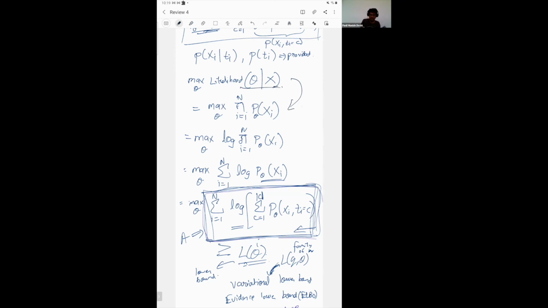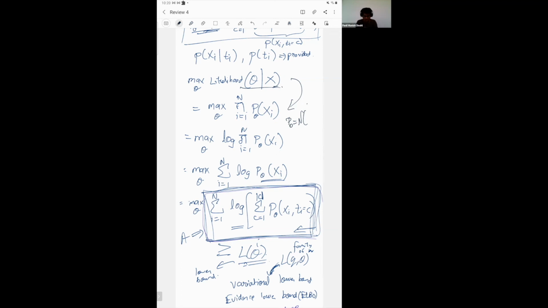Let's say p of theta is a normal distribution. Then I would plug in my values of mu and sigma and ask what is the probability that this x data point came from this normal, and then multiply over all the data points, because this comes from the IID assumption. Then I would change my mu and sigma in such a way that I get the maximum product.